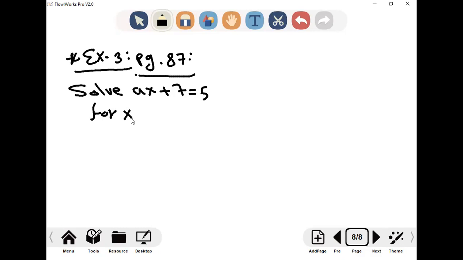Okay? But 4x, what's the meaning of 4x, guys? 4 times x. When we solve the equation, 4x means at the end x will be equal.